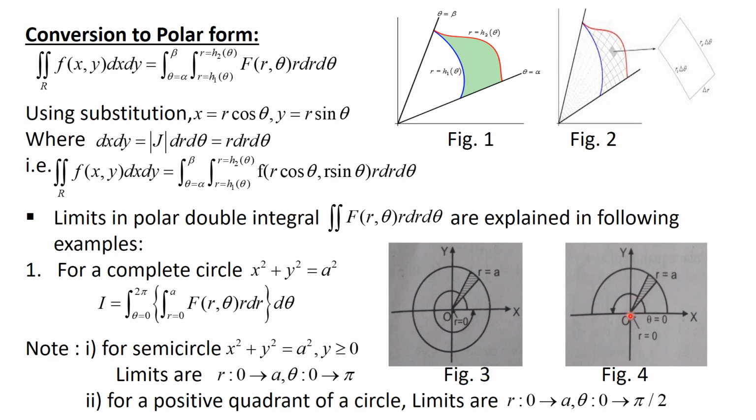See carefully, r varies from 0 to a, whereas theta varies from theta equal to 0 to theta equal to pi. In the case of the positive quadrant of a circle, the limit for r remains the same, radius from 0 to a, but for the first quadrant theta varies only over the first quadrant, that is theta equal to 0 to theta equal to pi by 2.